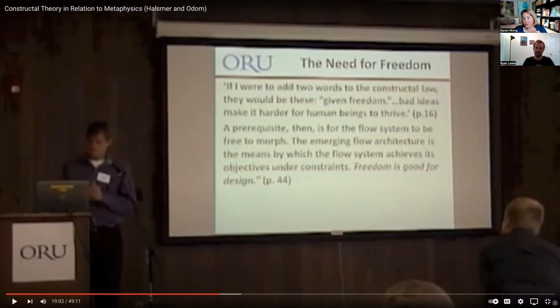Because the very first cell, and I'm anthropomorphizing, had to make a decision to live. It had to make a decision that living, continuing, replicating is better than not living, not replicating. Otherwise, there wouldn't be any living and replicating.